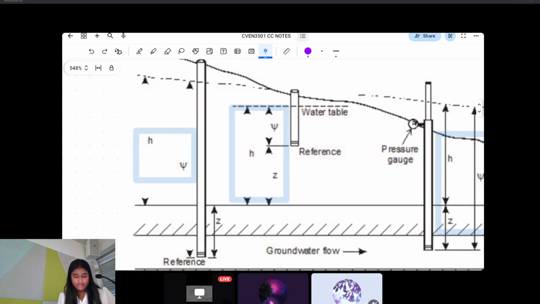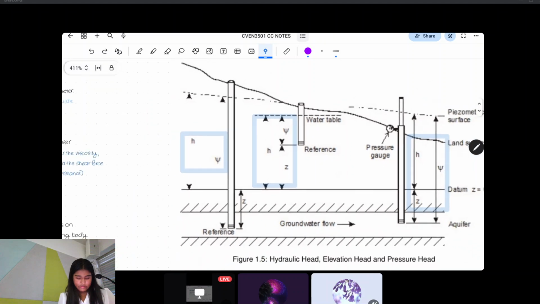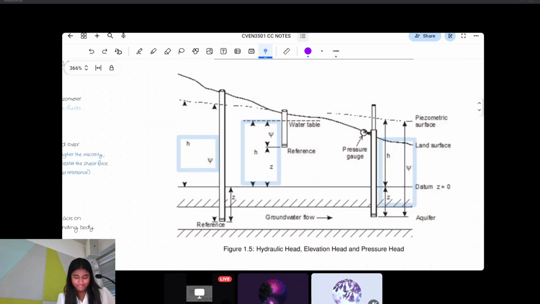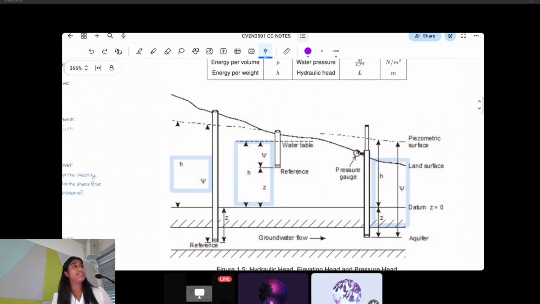And yeah, this is the same thing over here. And that's kind of it for that diagram, I guess. Does anyone have any questions on that? Okay, great.